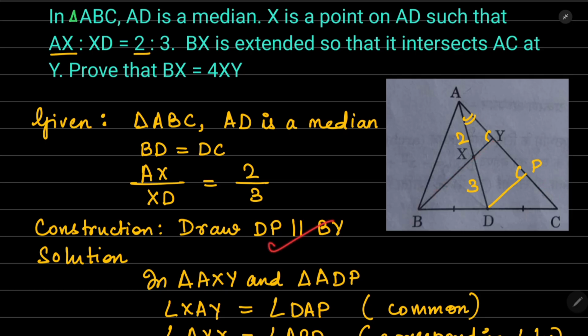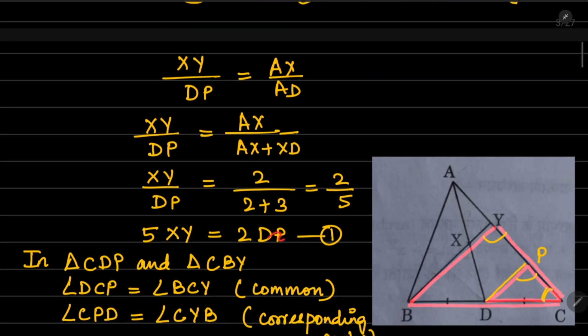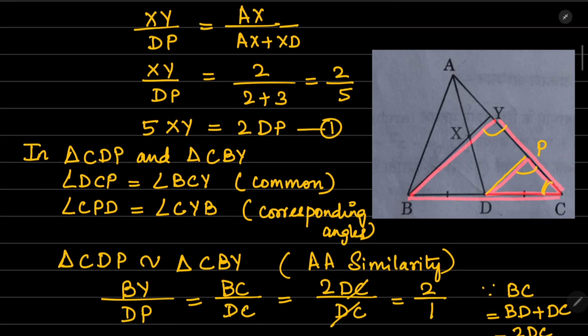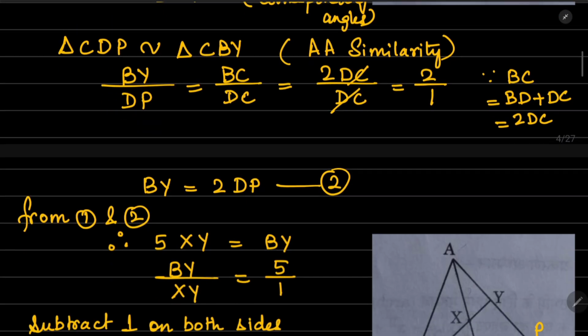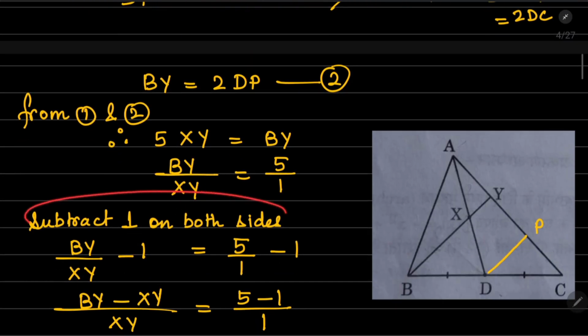The next one is you have to take these two triangles and make them similar using angle similarity, and then go ahead with finding the relationship between XY and DP. Then in the next one, you have to take these two triangles, the ones I've highlighted here, and again get a relation between BY and DP. And then go ahead and subtract 1 on both sides.